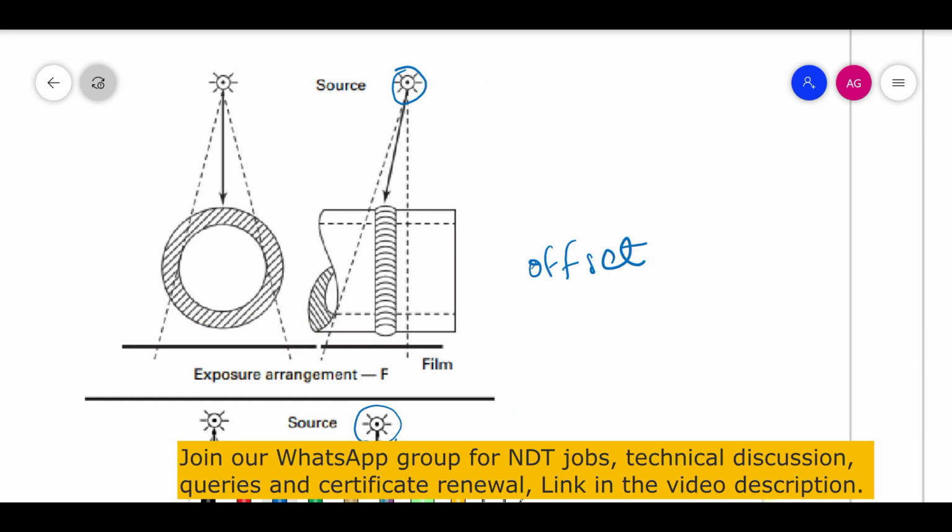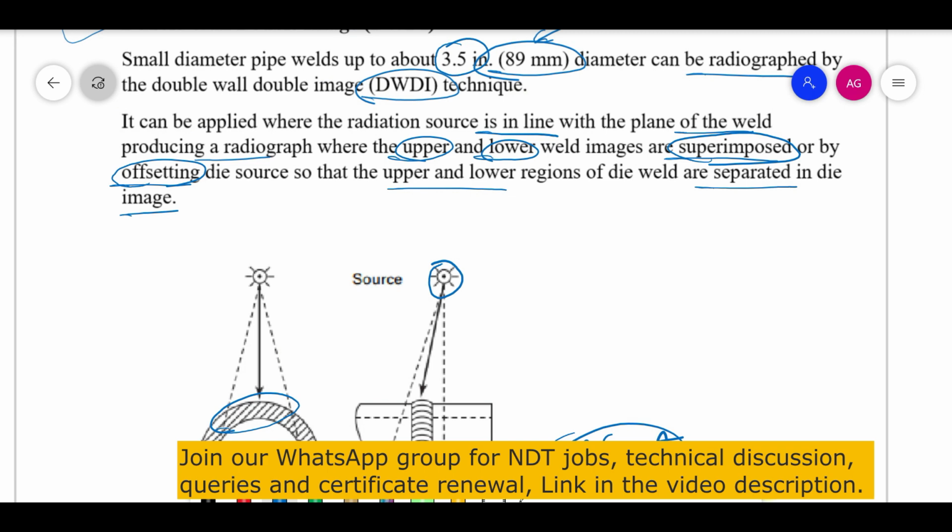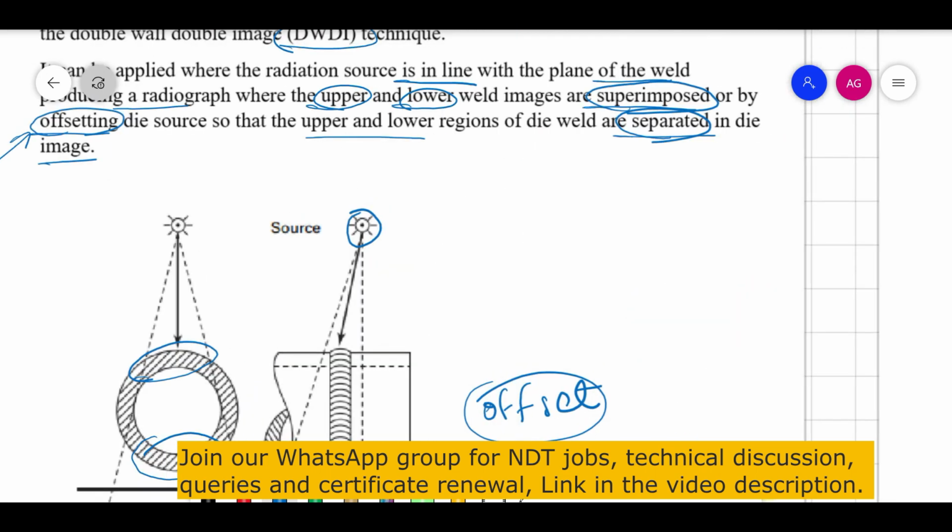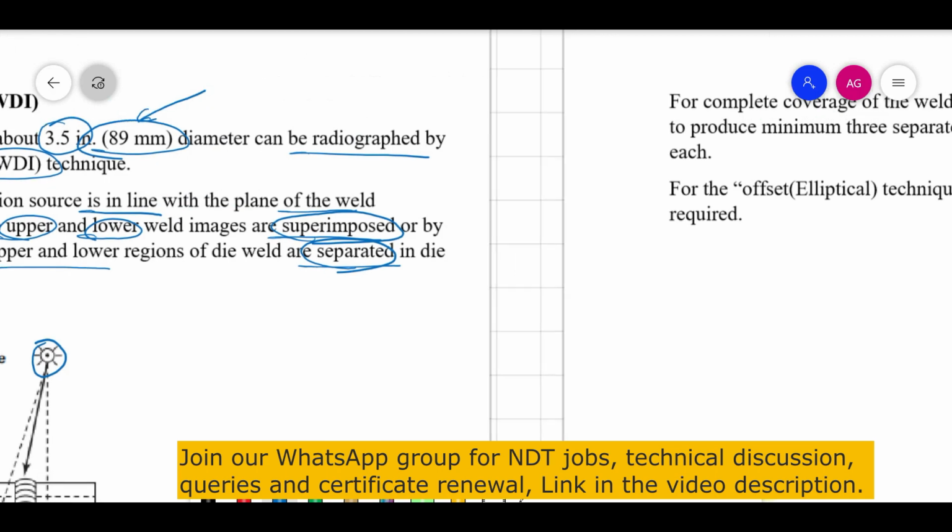While in the offset technique, you can see the upper wall and lower wall images offset, so separated images are there because the source is offset. These are elliptical-like images in the offsetting technique.